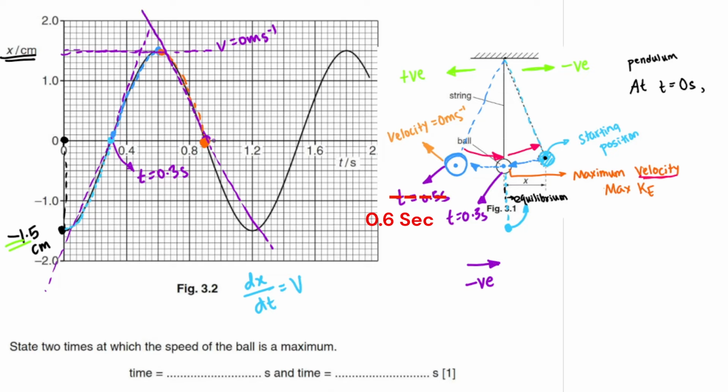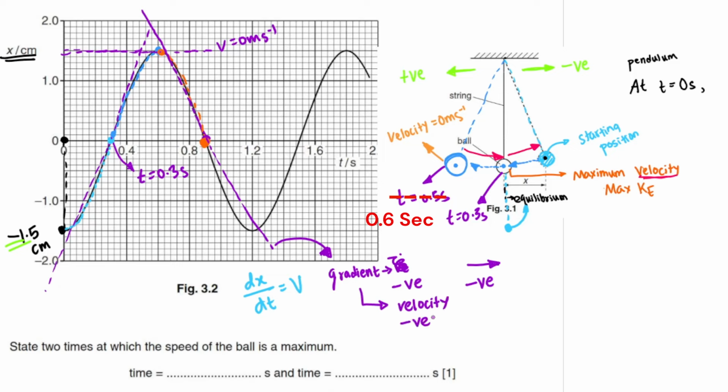Here, the gradient is negative. We can see very clearly that the gradient is negative. And since the gradient is negative, velocity will also be negative.